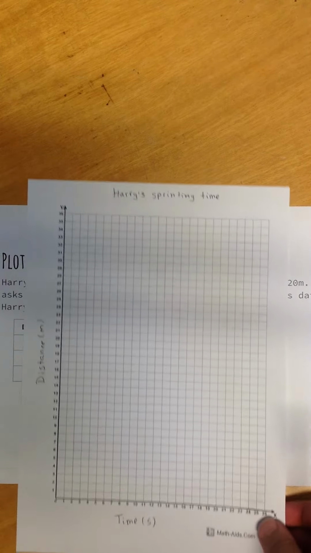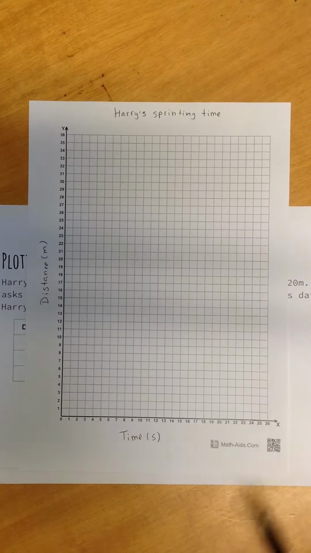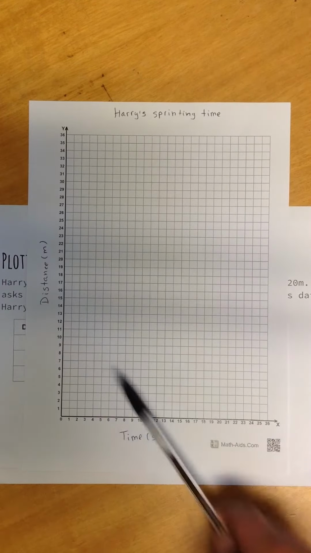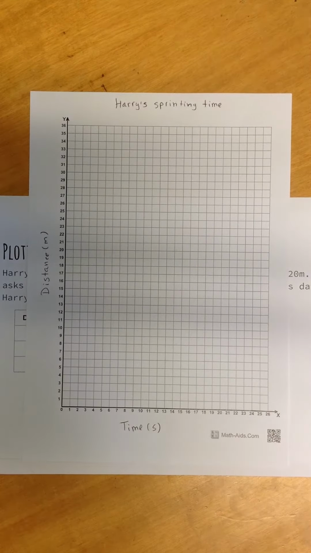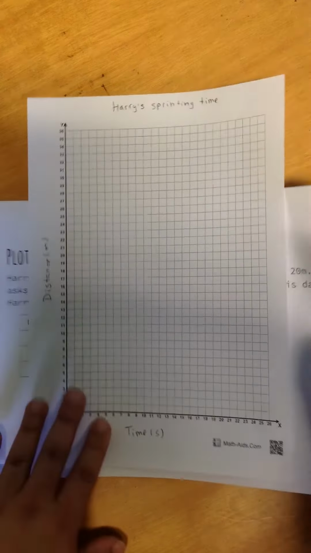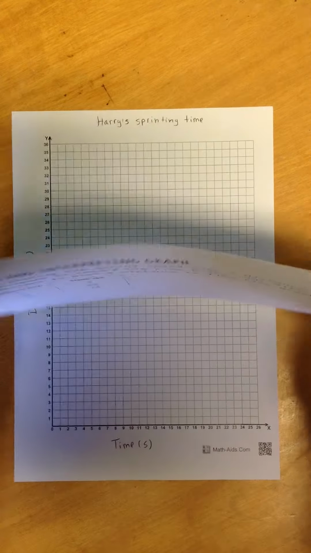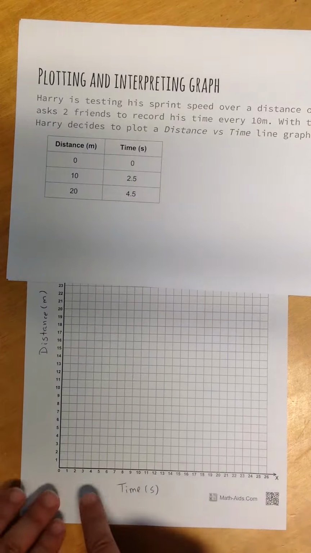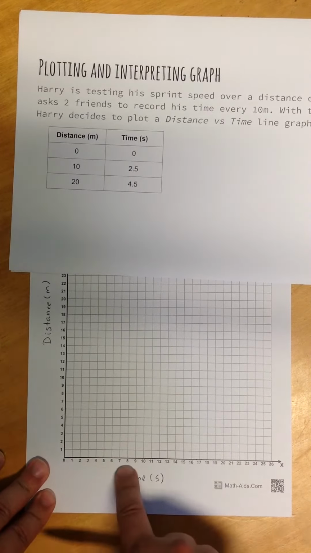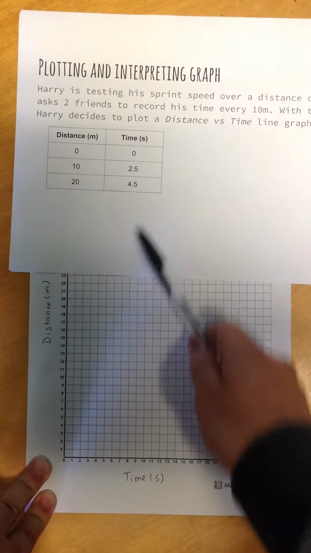So here's my graph again. Harry's sprint time, and here my distance and my time, my labels with the corresponding units. Now, we don't have exact times, so 1, 2, 3, 4. We only have decimal time, so let's get started.